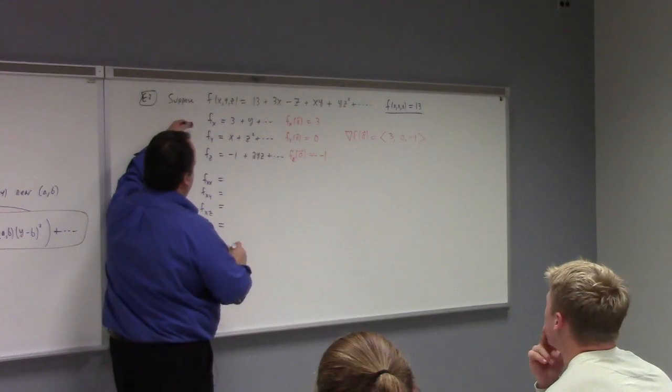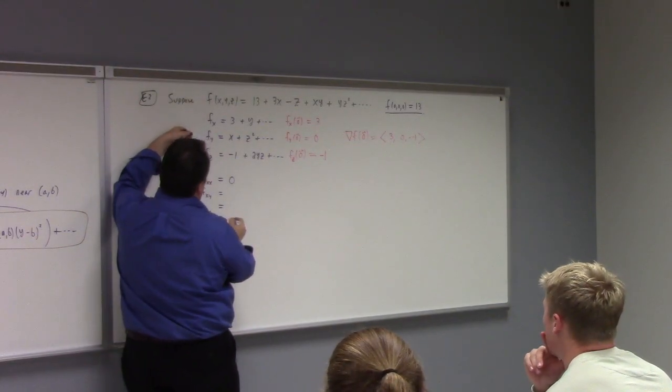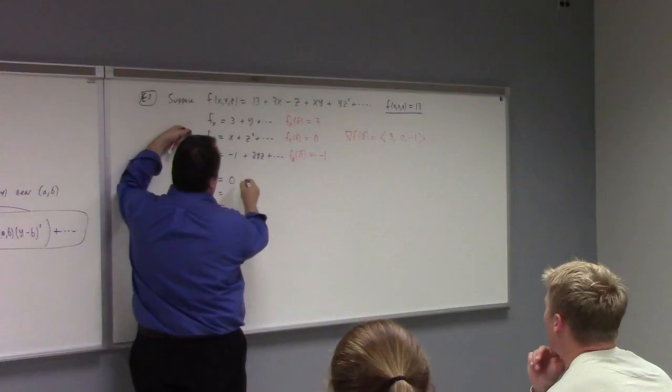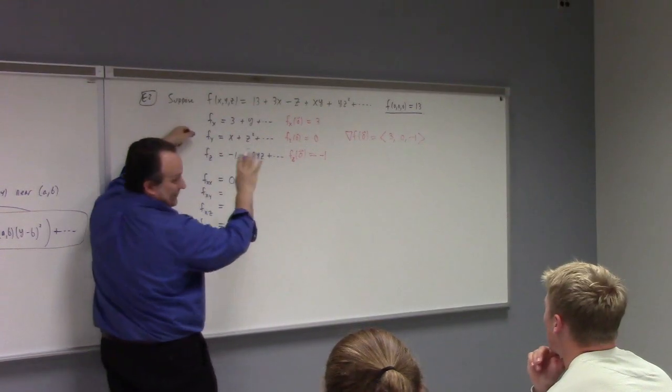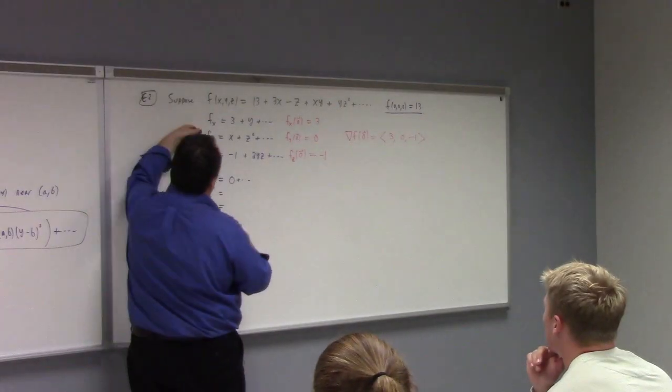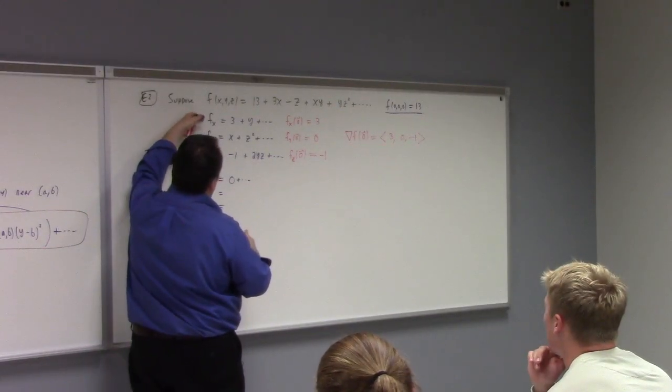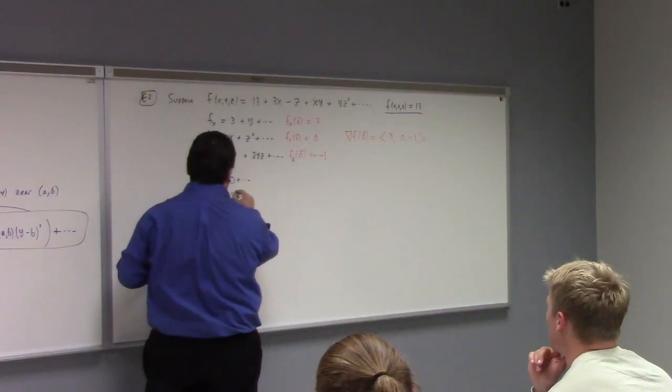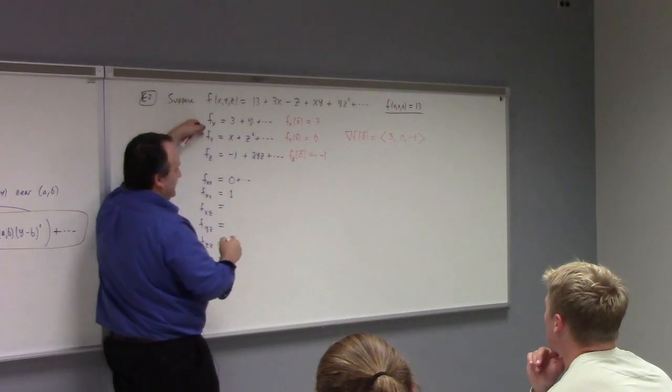So how does it go? xx, 0. xy, well, 0 plus dot, dot, dot, right? I mean, I don't have the full story here. Yeah? xy, what do we got? It's 1, right? It doesn't matter which one you differentiate.